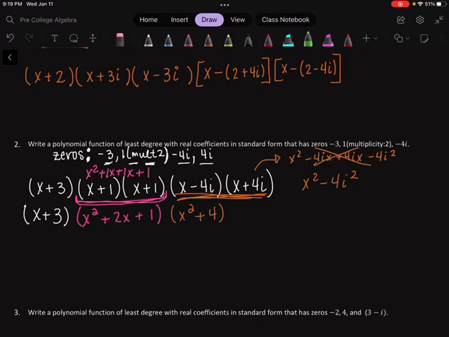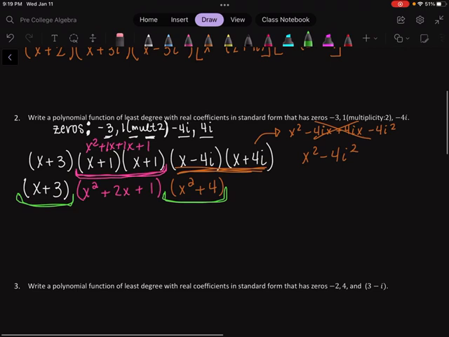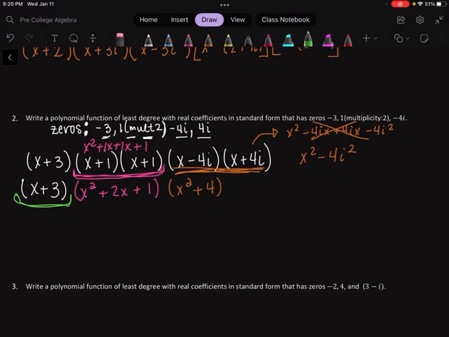Now it's probably best to FOIL this guy and this guy, because if I were to distribute this stuff into here, I'm still going to have to distribute that stuff into there. So why not just make it simpler on myself and do these two first?